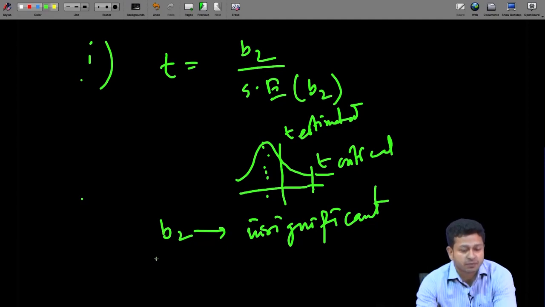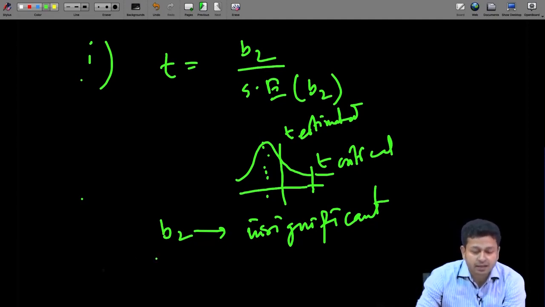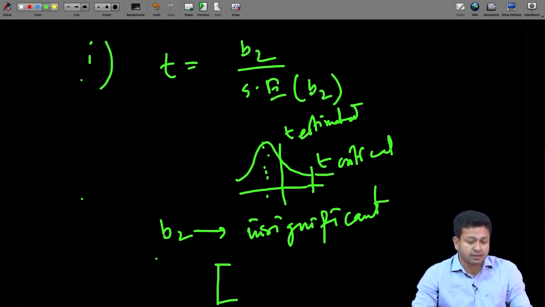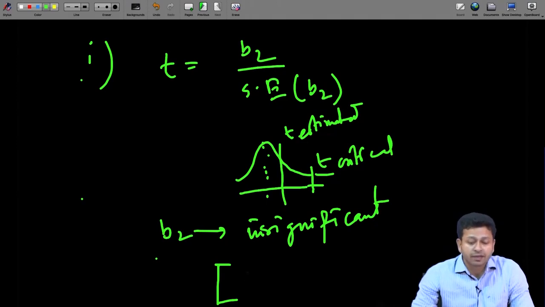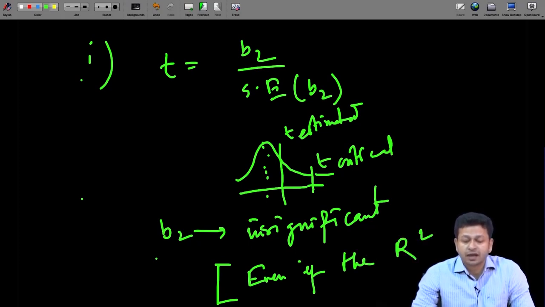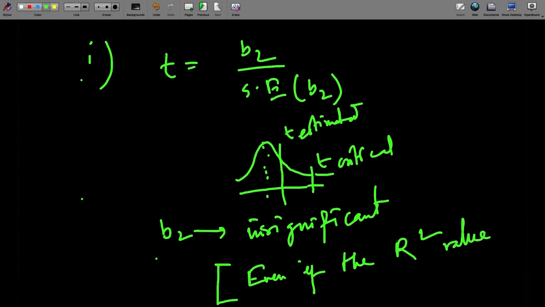Essentially, if the variables are highly related but still explaining the y variable, the R square value will be high, whereas I will have the coefficients insignificant. Okay. So that is something we need to remember in case of multicollinearity.